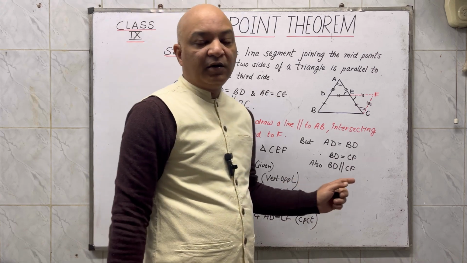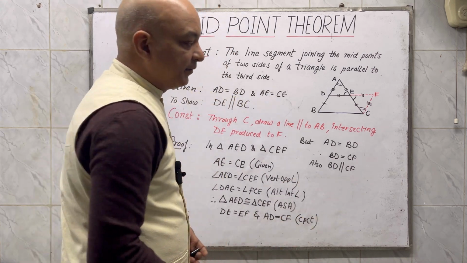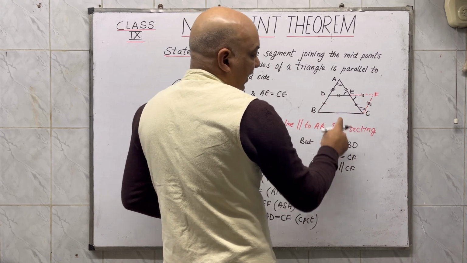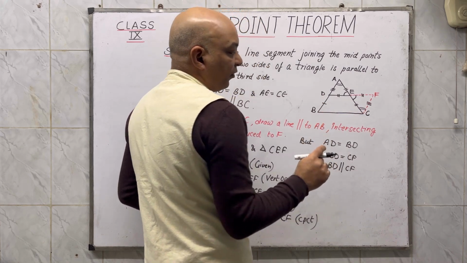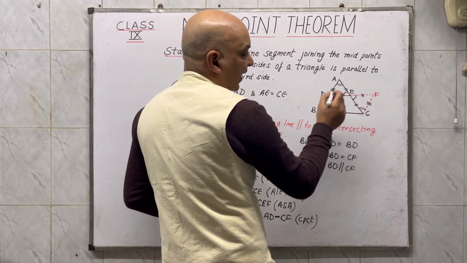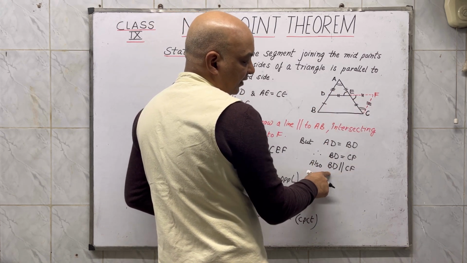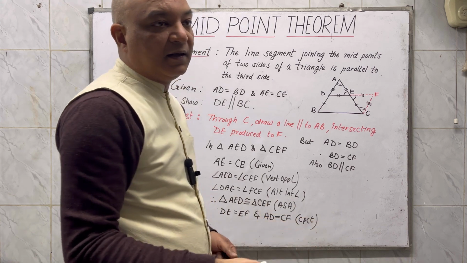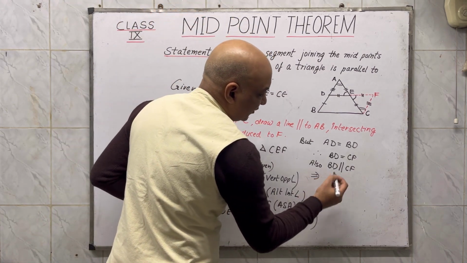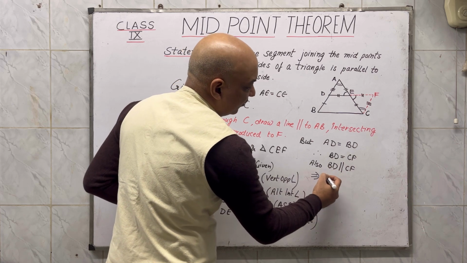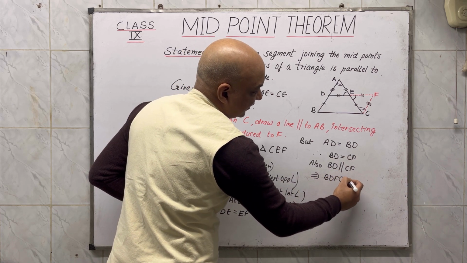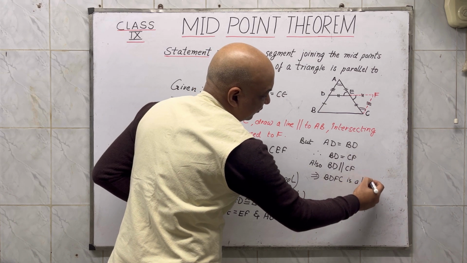Now there is an important rule which says that if in a quadrilateral any one pair of opposite sides are both equal as well as parallel, then that quadrilateral is a parallelogram. So you can use this property here and write down this implies BDFC is a parallelogram.